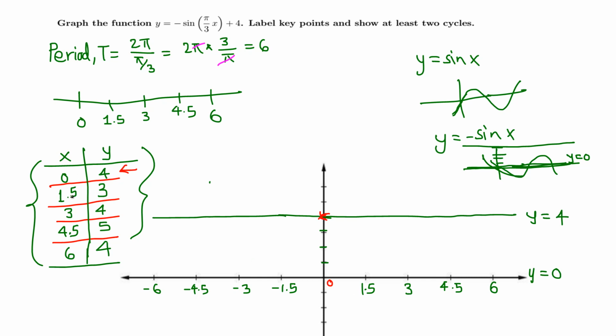The next is 1.5, 3. Then next is 3, 4. At 3 we get back to 4. Then at 4.5 we go to 5, and at 6, we are back to 4.